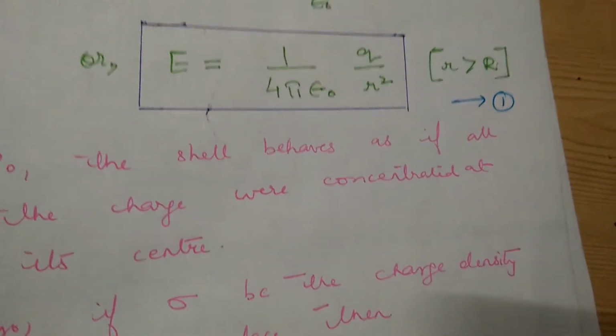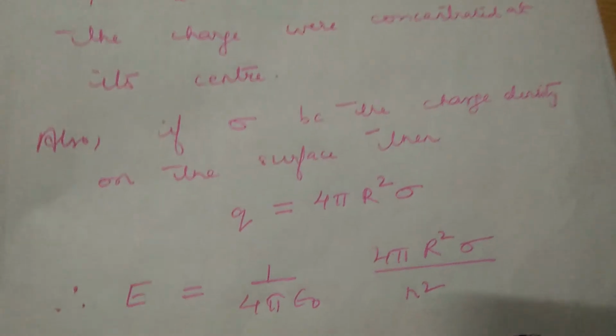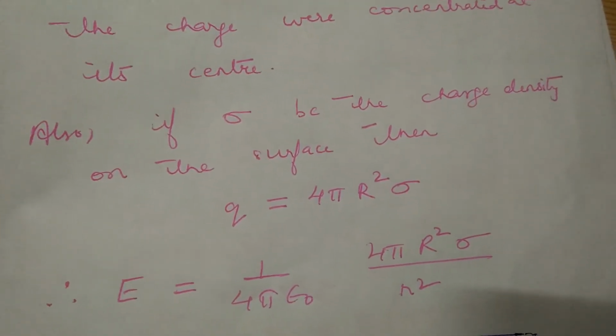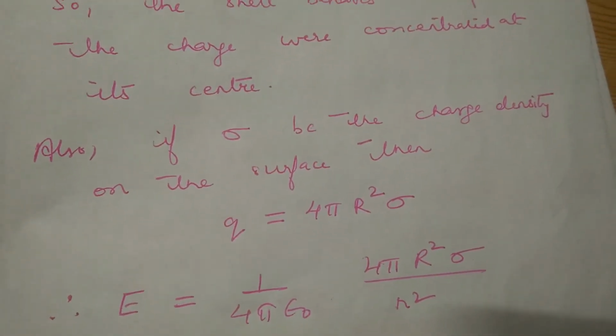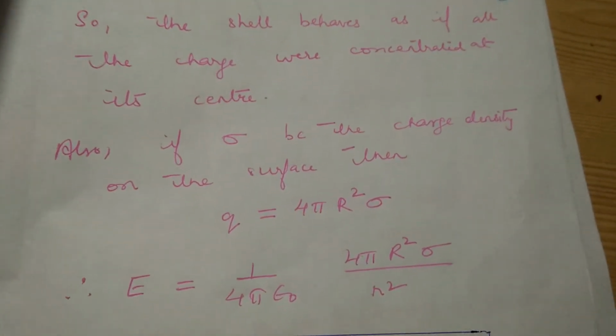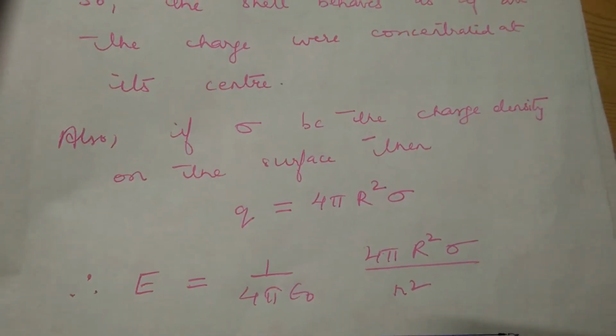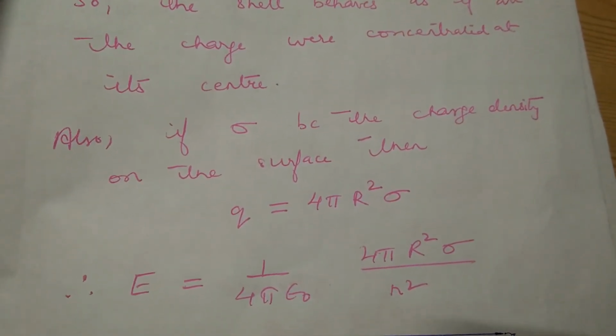We can also use an alternative formula. If we take sigma as the charge density, then Q is equal to 4 pi R square sigma. Here R means capital R, the radius of the spherical shell. So 4 pi R square is the surface area of the shell.